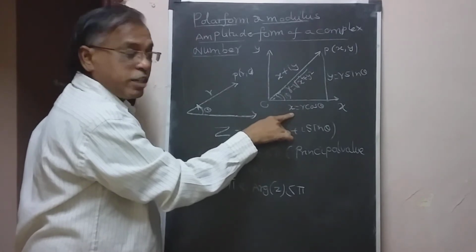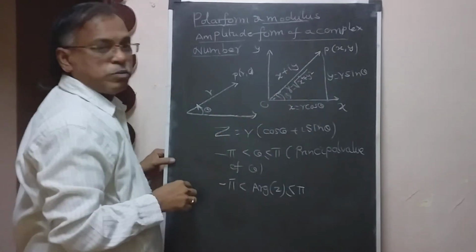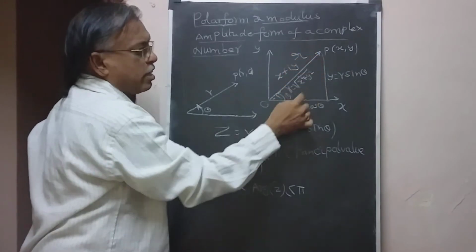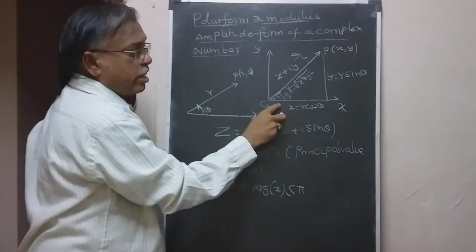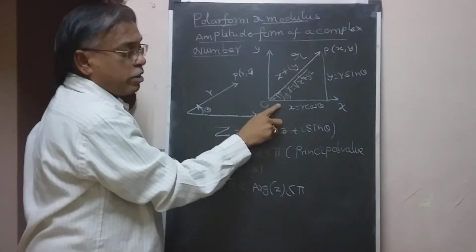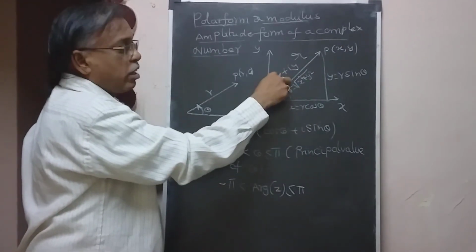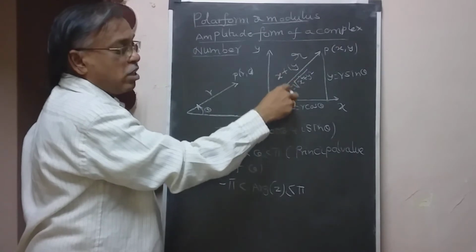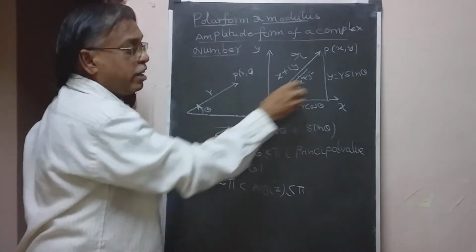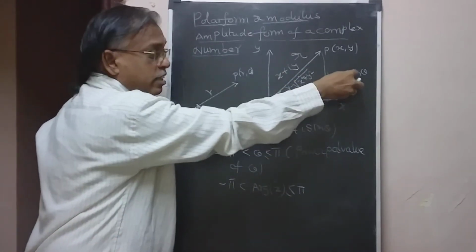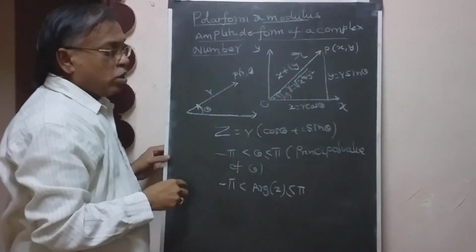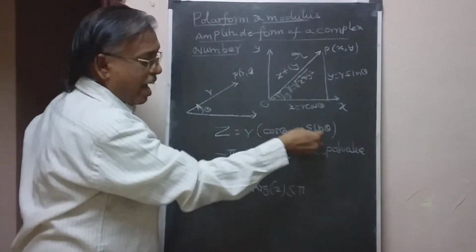If I take cos theta, it is equal to adjacent side by hypotenuse. So x is equal to r cos theta. Similarly, y is equal to r sin theta, because this is the opposite side. You understand?